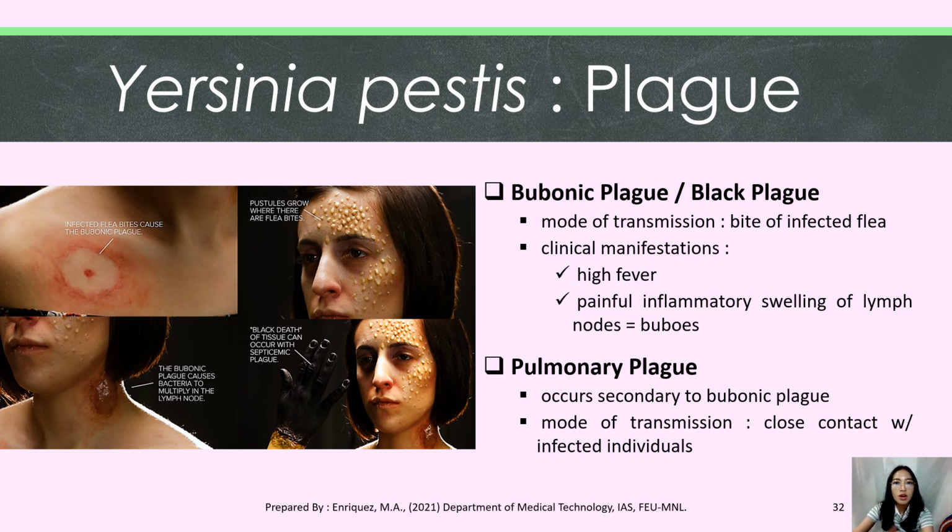So this photo would show us the clinical manifestations. And if you would direct your attention to the bottom right image, kaya po siya tinawag na Black Death is because it causes necrosis of the tissues, turning it black once the infection has reached a septicemic stage.